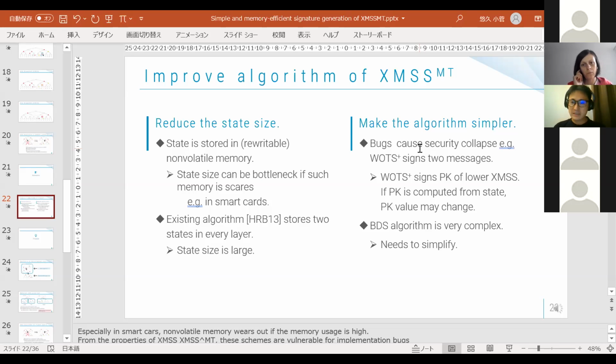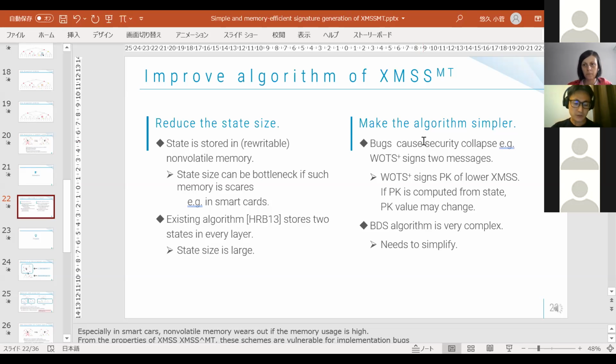It sounds very easy, but XMSS-MT manages to prevent such multiple signature generation using the state. A minor mistake in state management leads to a security collapse. So the procedures and the state structure should be simple to prevent implementation bugs.